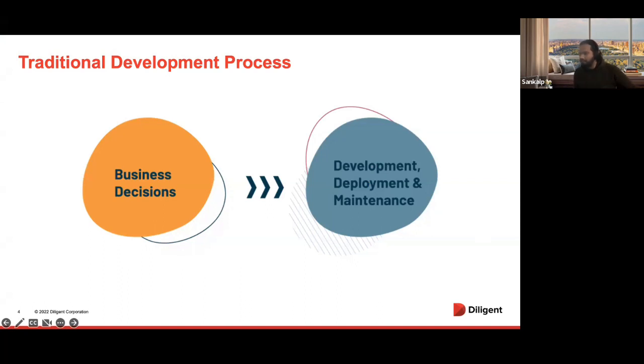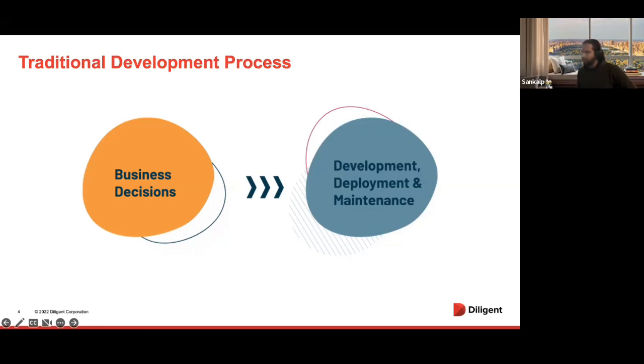In any software development lifecycle, you have a set of well-defined processes for creating high-quality software, right? Starting with some business decisions, whether based on requirement analysis, planning, software design, all the way to the build phase where you start actually implementing those, to deployment and maintenance later on, right? So this is just very high level.